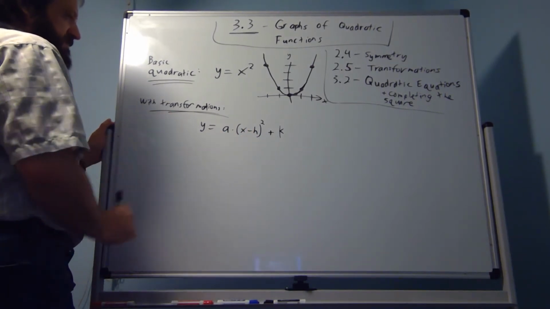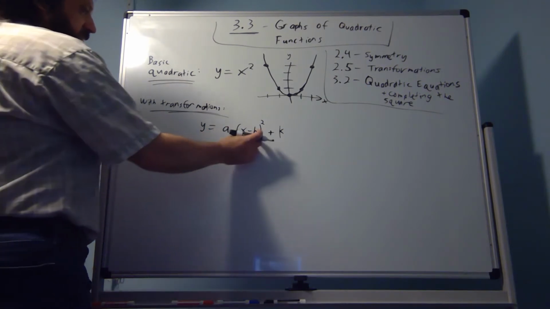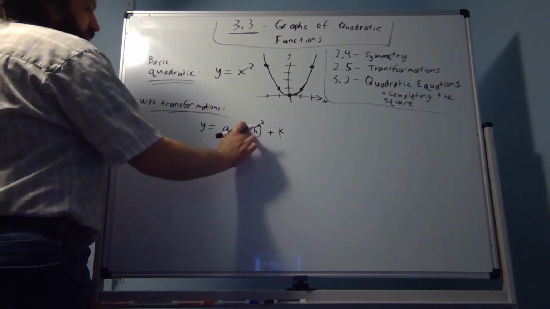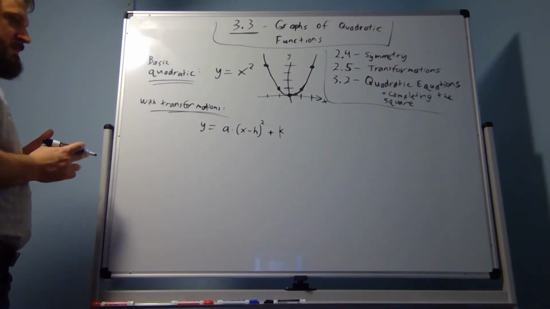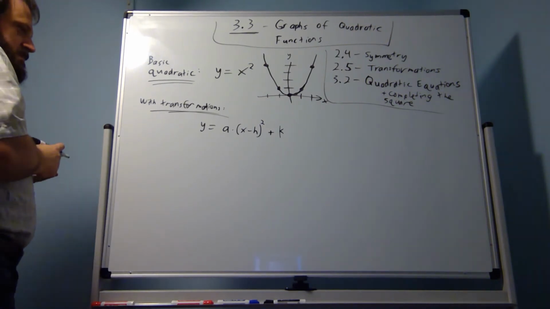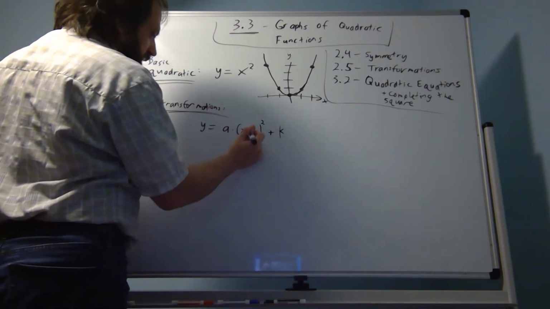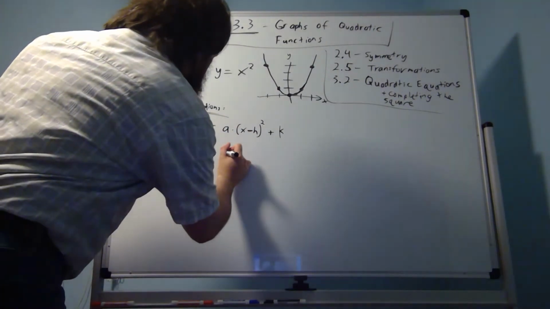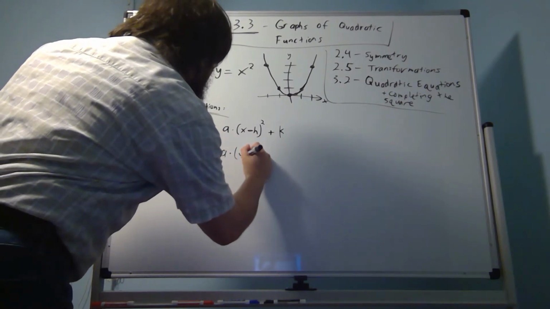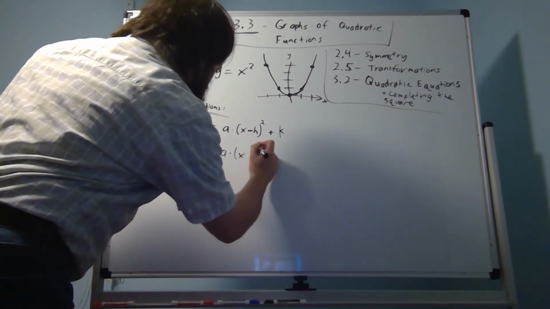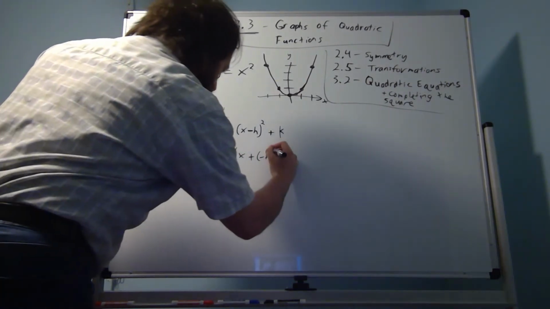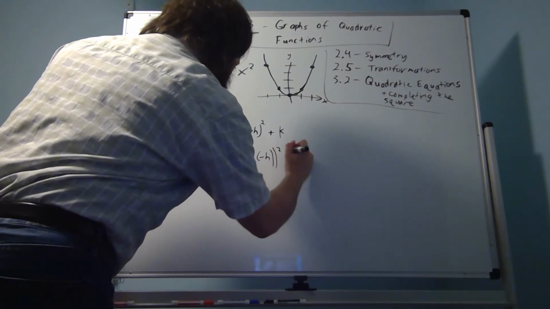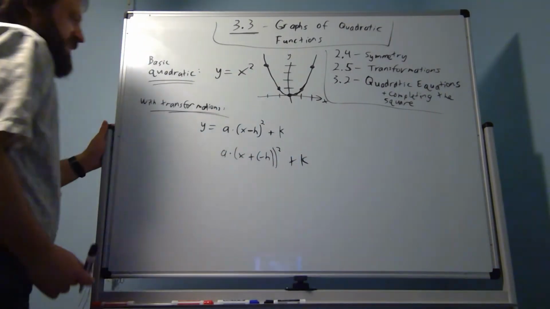So what's going to happen? If it's x plus h, then you move it by that amount to the left, but it's customary to write it with a minus here because of what we learned when we did transformations. We had x plus or minus a constant. So we had a plus here, so move left by negative h, which means we move to the right by positive h.